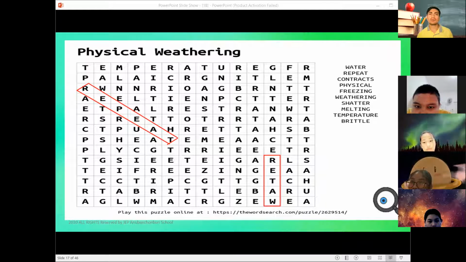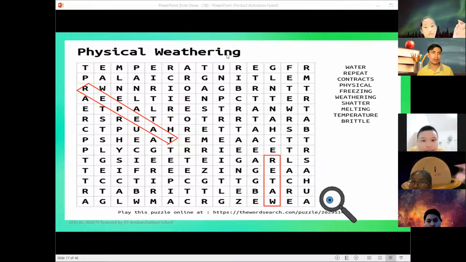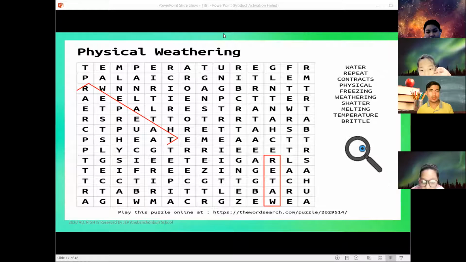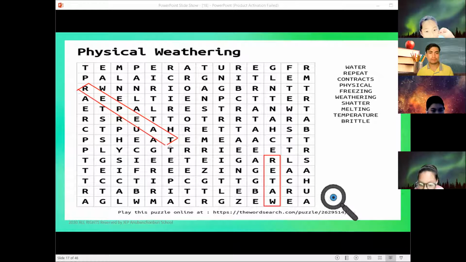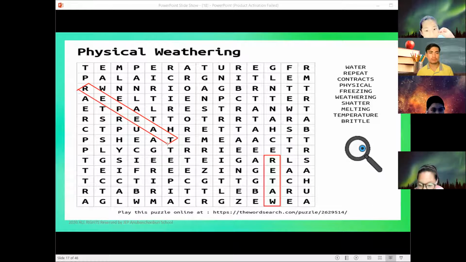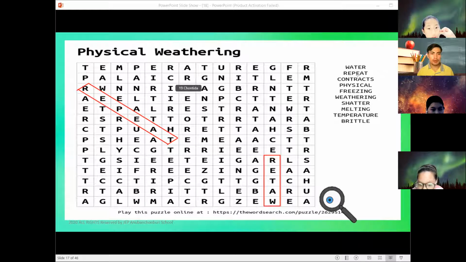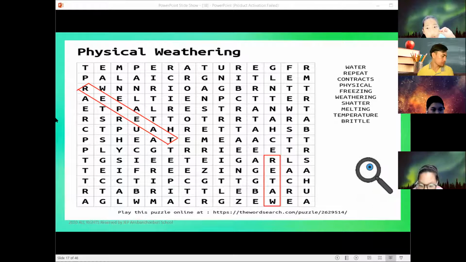All right, so next word, who wants to do or who can find the word contracts? Chuntira, go ahead. Chuntira, find the word contracts.